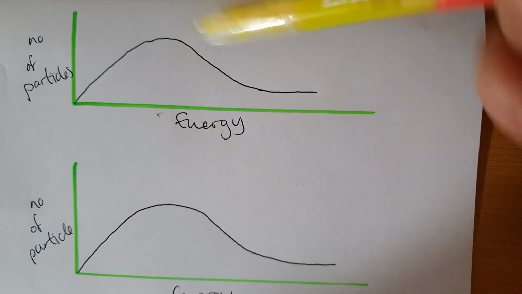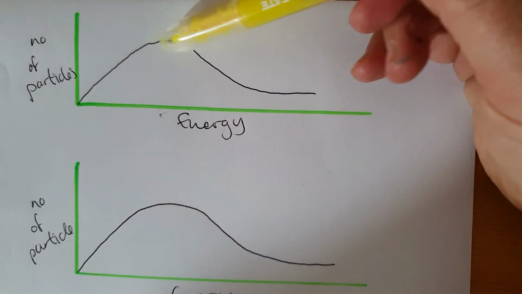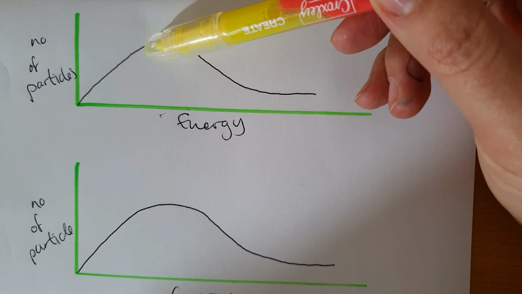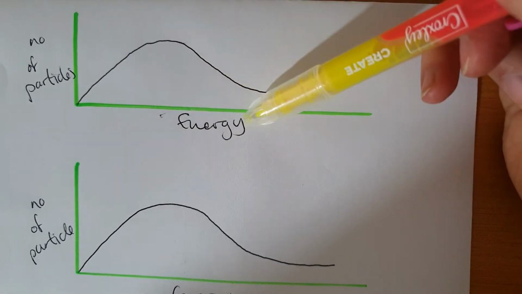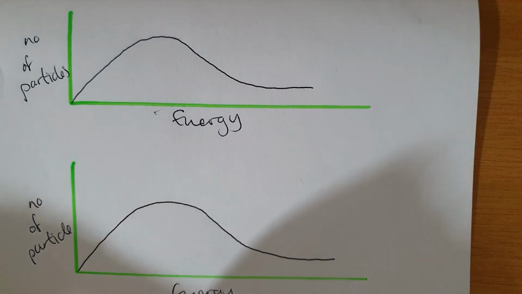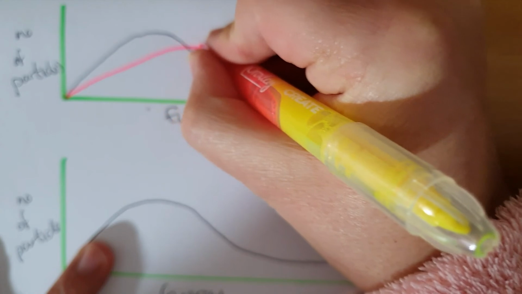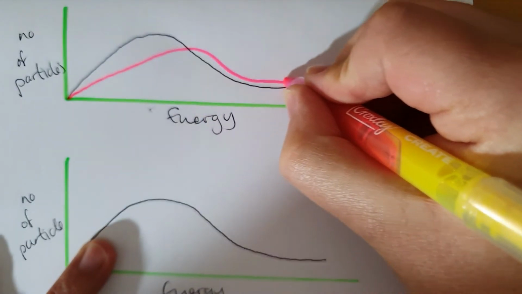However, all the particles will end up having more energy. And so there's a shift. Now, it doesn't mean it has to be higher, but what could happen is that.